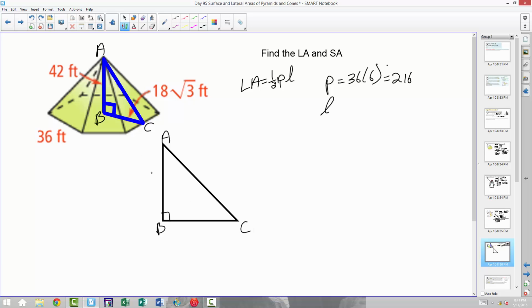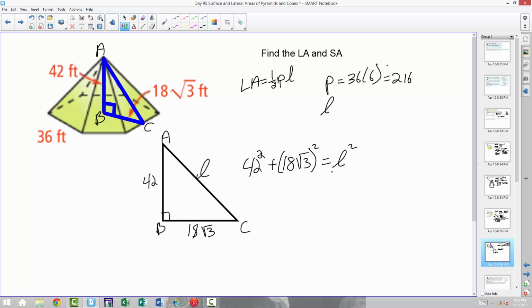A to B is 42, B to C is 18 radical 3. So I need to find L, so Pythagorean theorem, because I have two given sides and a missing side in a right triangle, so I have 42 squared plus 18 radical 3 squared equals L squared.